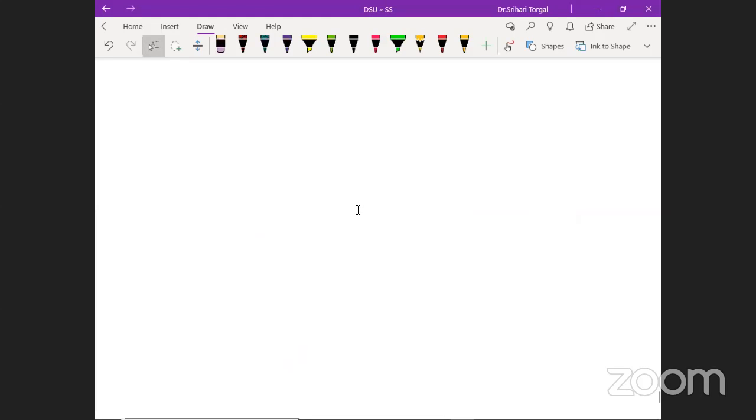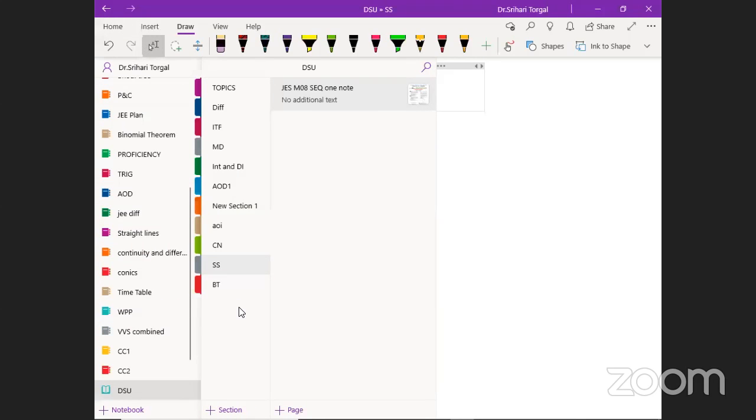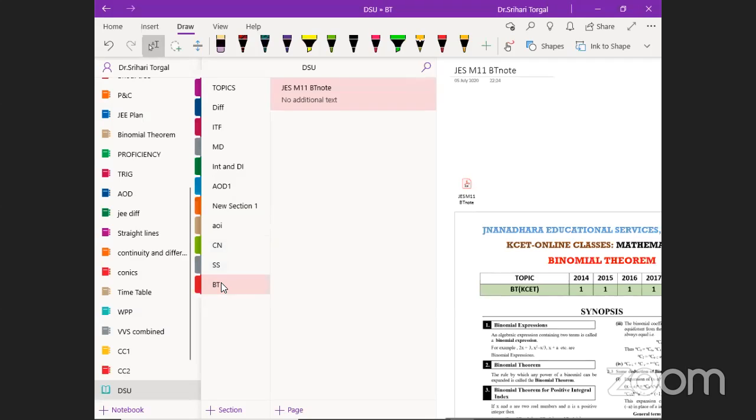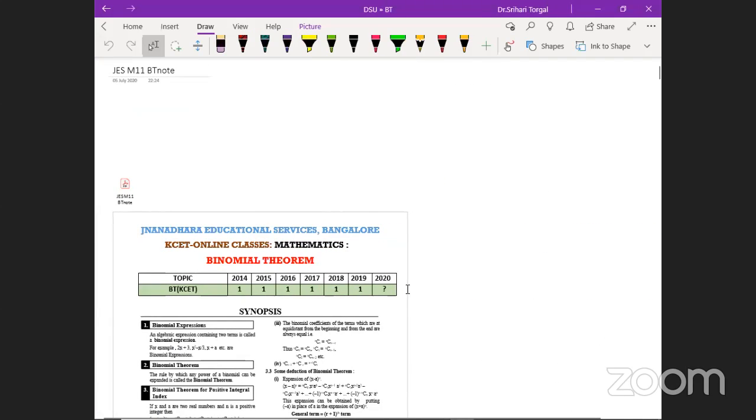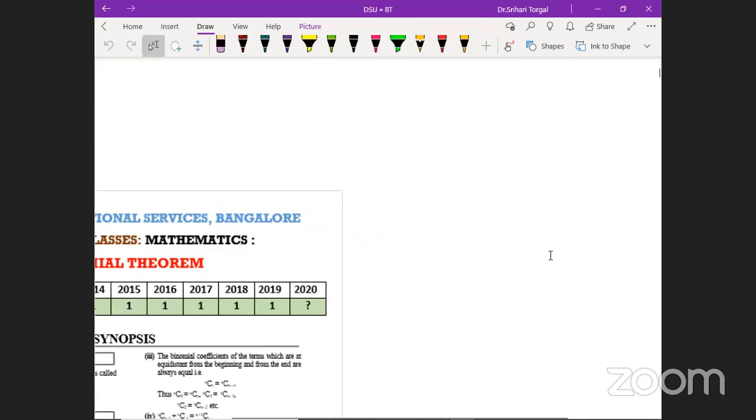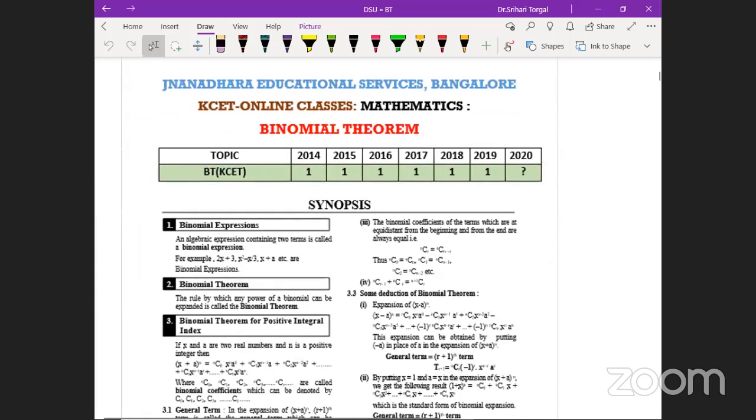So let me move on to the next topic. That is binomial theorem. Yeah. Binomial theorem. See here in binomial theorem, every year one question.